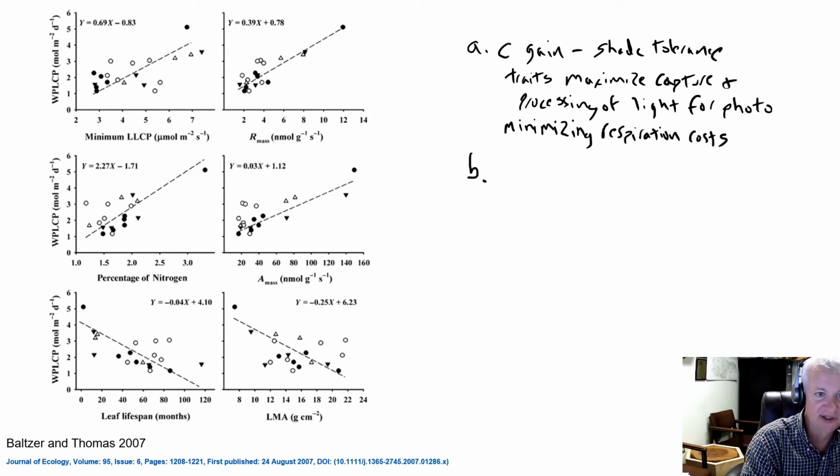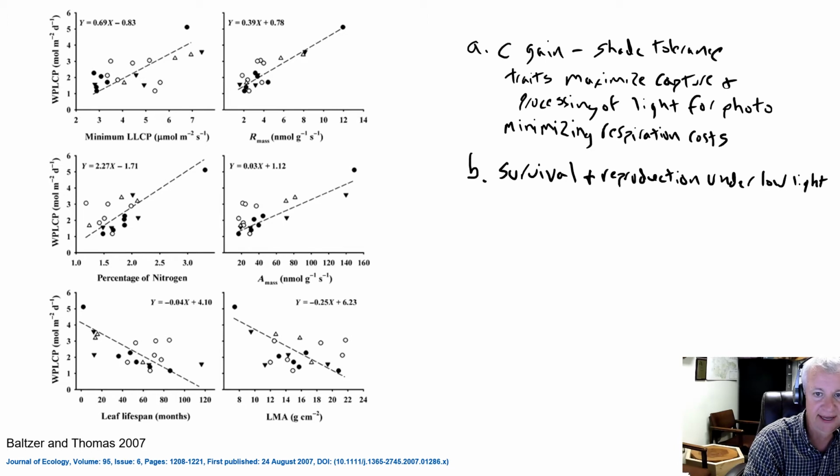There's probably also traits related to shade tolerance that actually relate to survival and reproduction under low light. And these are things other than carbon gain. Certainly carbon gain can contribute to that, but things like leaf resistance to predation.